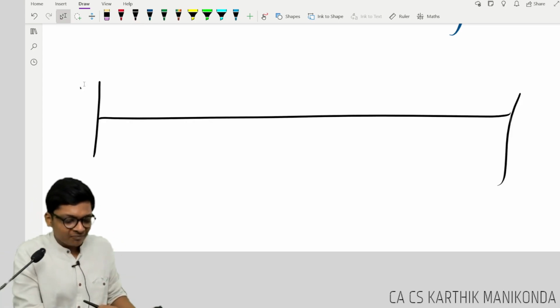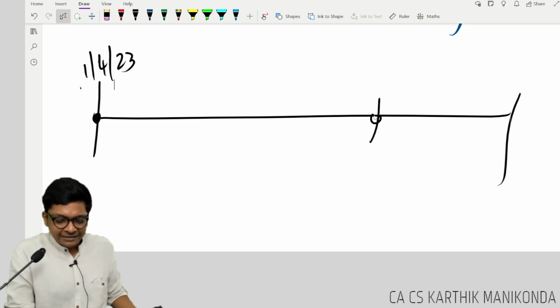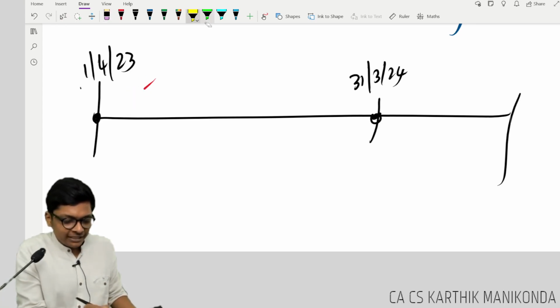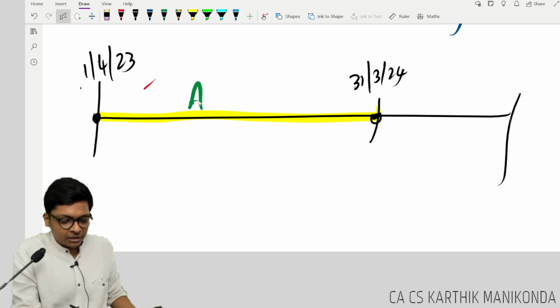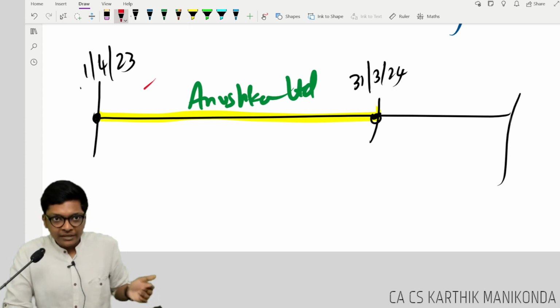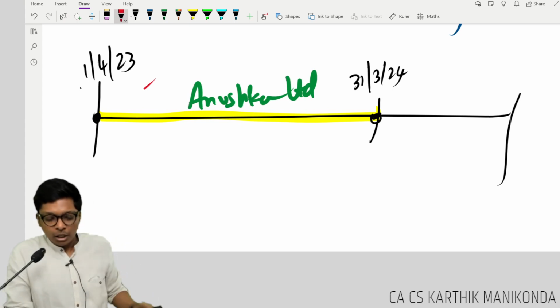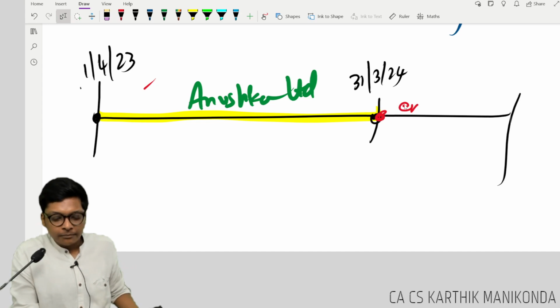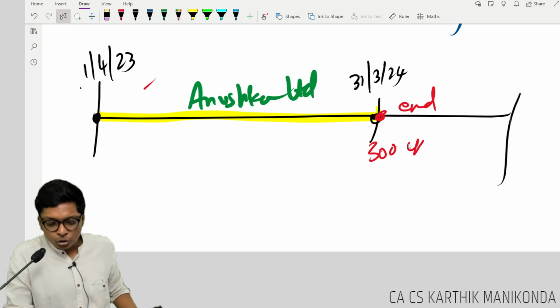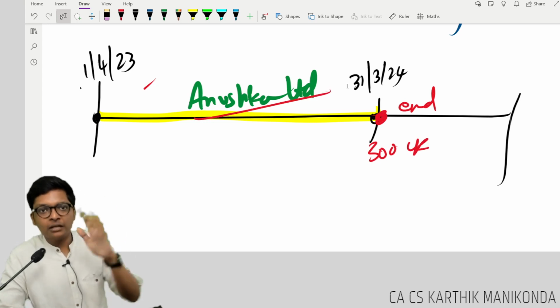Let's take opening of the year 1/4/23. Let's say this is closing 31st March 24. Let's keep our Virat and let's say this whole company is the profits earned by Anushka Limited. Virat purchased this company only on 31st March, end of the year. So he paid, let's say, 300 crores to purchase Anushka Limited.